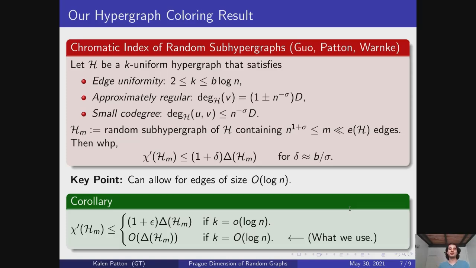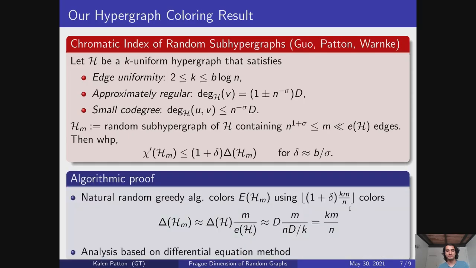Okay, so now this concludes the proof of our main theorem. And in the brief time I have left, I want to quickly go over the general proof strategy for our auxiliary hypergraph coloring result. So the proof of this result is based on an analysis of a natural random greedy coloring algorithm. In this algorithm, we start off with the hypergraph H and some fixed set of colors, and we randomly sample edges of H and then apply to them a randomly chosen color that does not conflict with any previously assigned colors.